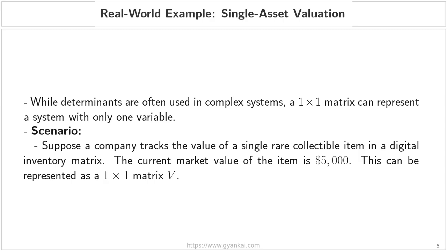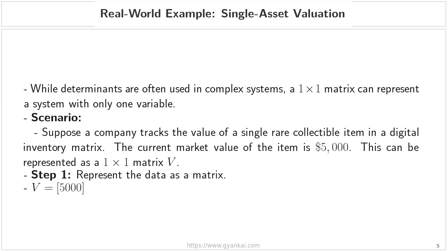We can represent this single piece of data using a 1-by-1 matrix, which we will call V. Let's walk through the calculation using the steps we just learned. First, we perform step 1, represent the data as a matrix. We place our value inside the square brackets, so V equals the quantity 5,000 enclosed in brackets.